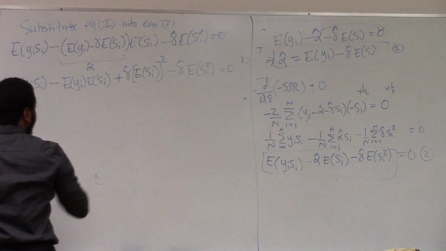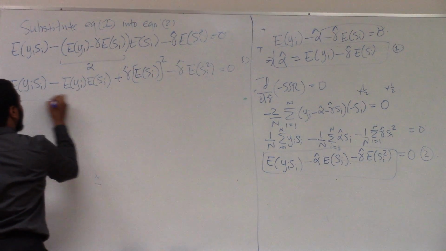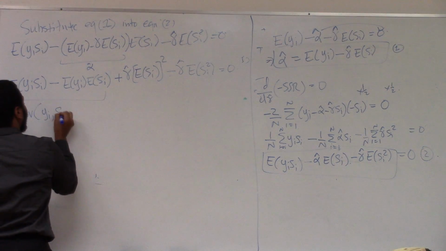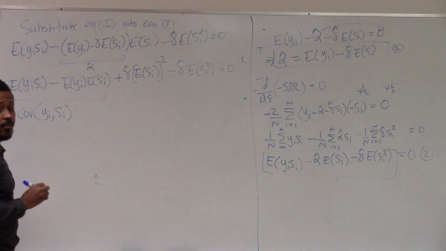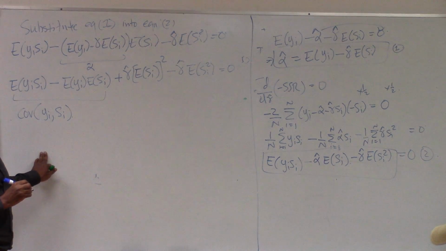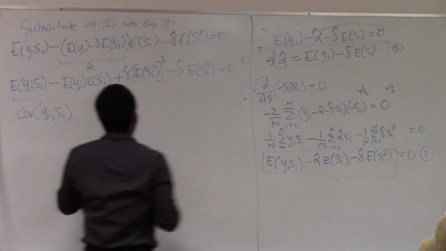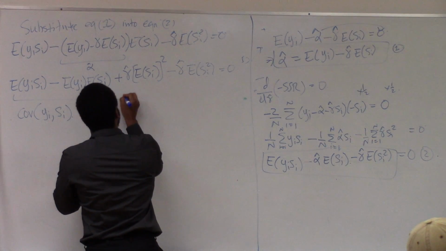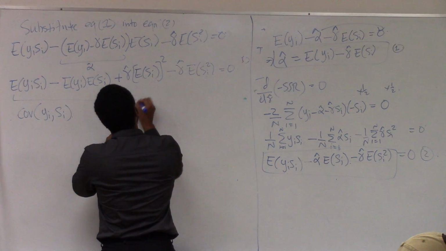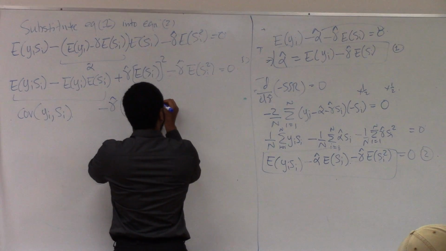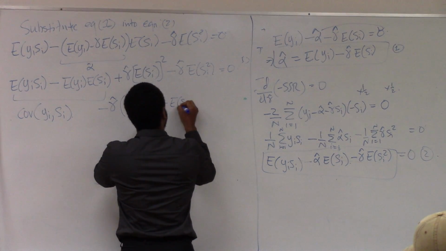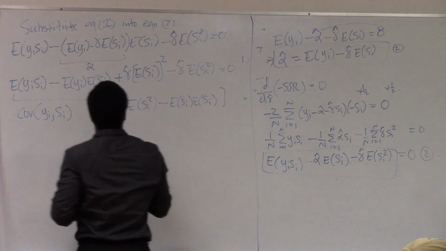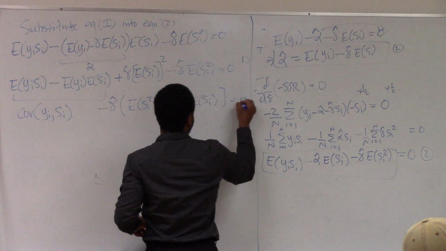Okay. Now this term here is the same thing as the covariance of yi and si. We showed this in the previous class. And this here, we can rewrite as minus gamma hat times the expected value of si squared minus the expected value of si times the expected value of si, equal to 0.